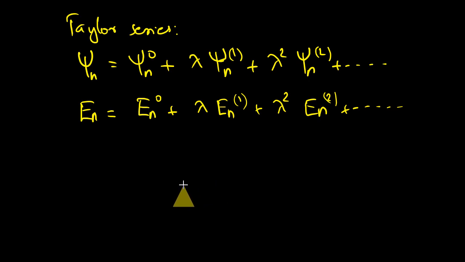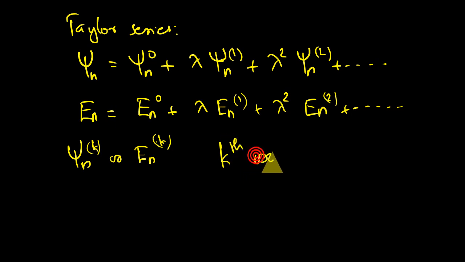We are actually performing some mathematical exercise in order to solve the Schrodinger wave equation for the perturbed system. Here you can see that there are some terms like psi nk or Enk, right? These terms are the kth order correction terms.